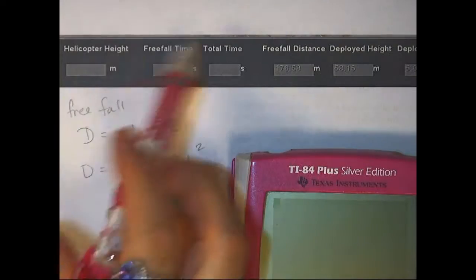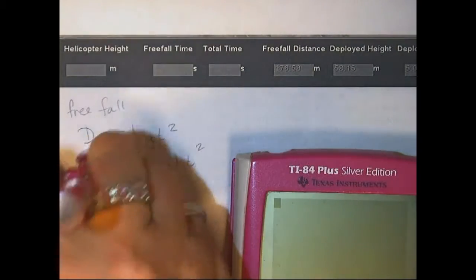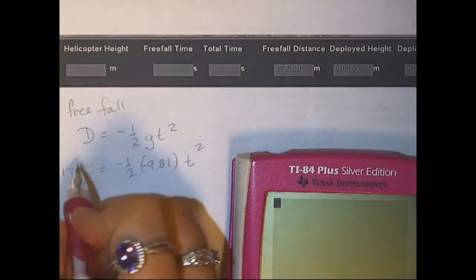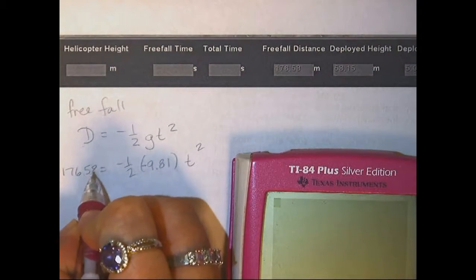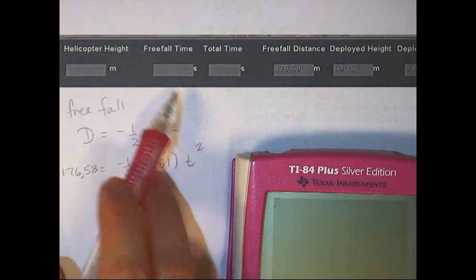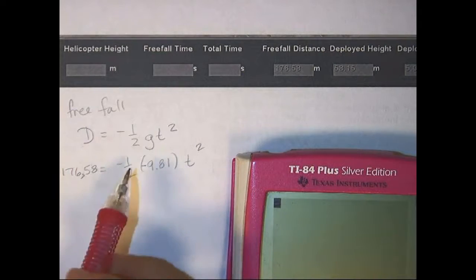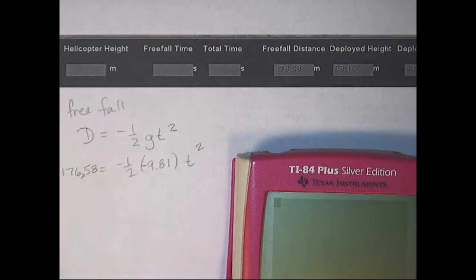Well, I'm going to plug in the free fall distance right here, and I want to find the free fall time right here. This is an algebra problem. So first I need to multiply those together.